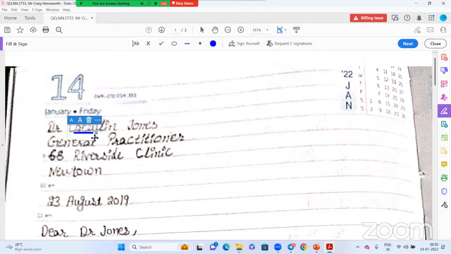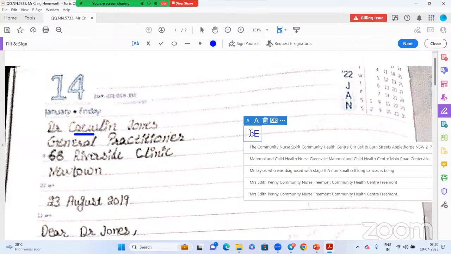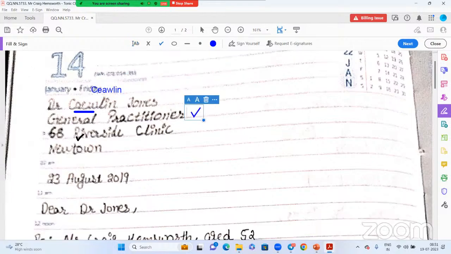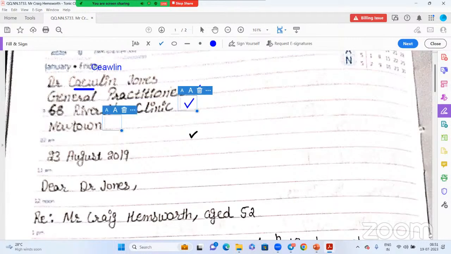So the spelling is C-E-A-W-L-I-N. Ceolin, or Colin. Okay. Jones, general practitioner, 68 Riverside Clinic, Newtown. That's fine.